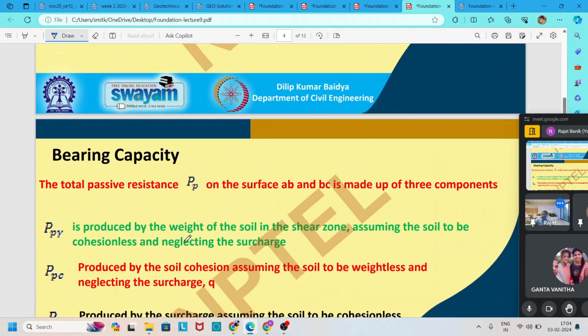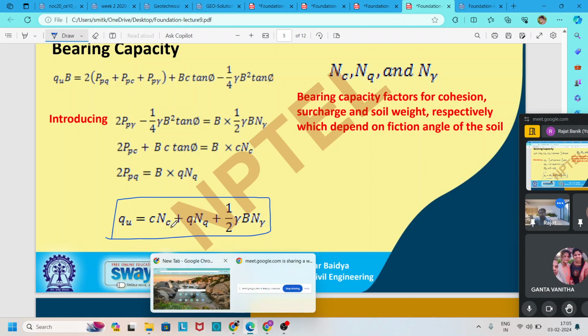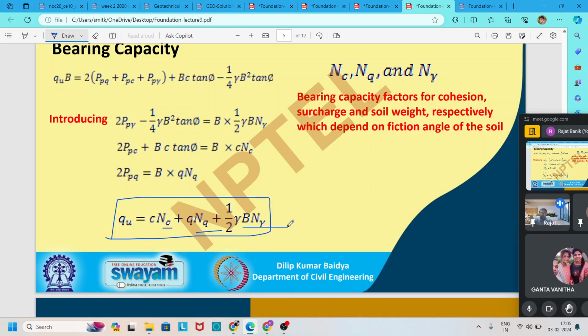And after some arrangement, we come to our final formula, that is qu is equal to c Nc plus q Nq plus half gamma B N gamma, where Nc, Nq, N gamma are the bearing capacity factors.